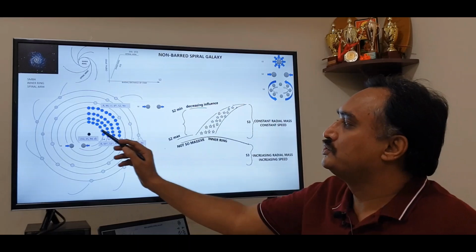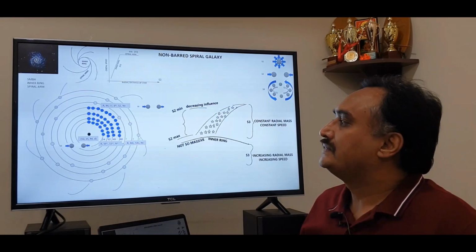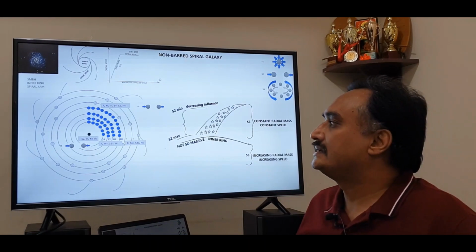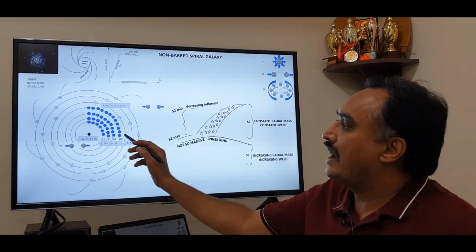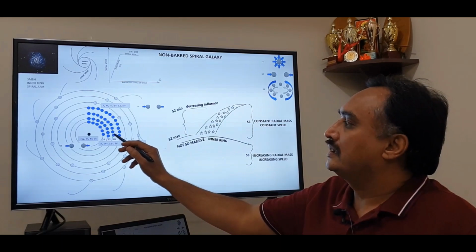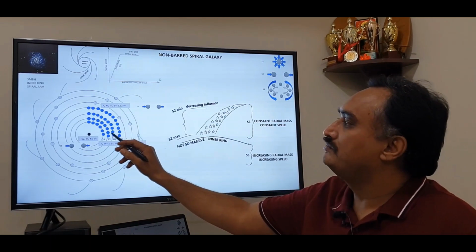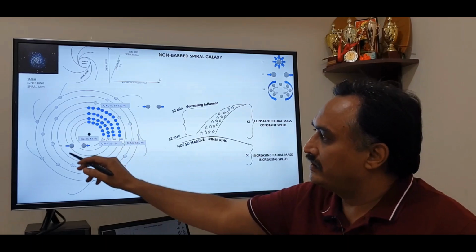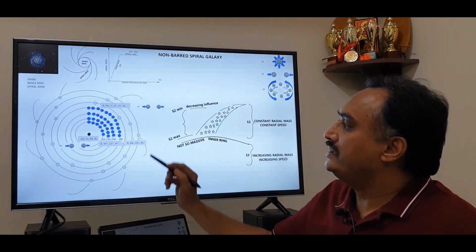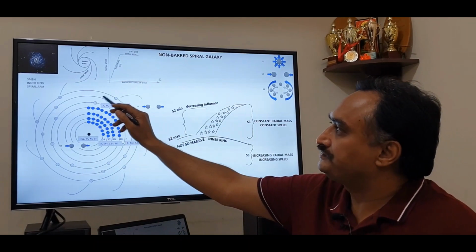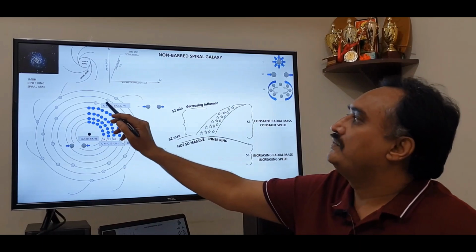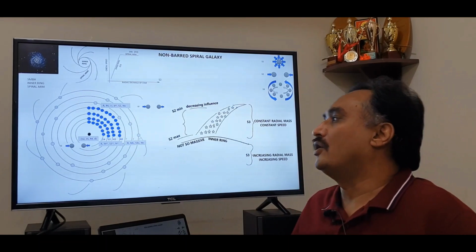You have a supermassive black hole at the center, weighing as much as 40 million suns, and you have an inner ring corresponding to all these blue dots, blue stars. They are densely packed, and then you have spiral arms where we have shown them as gray dots.